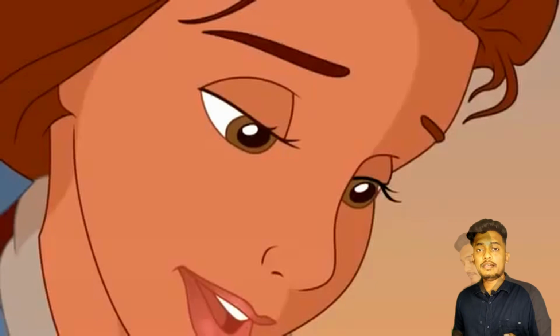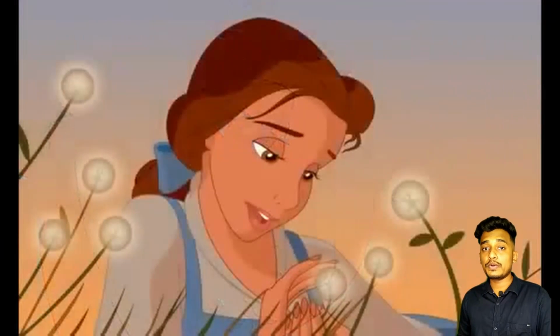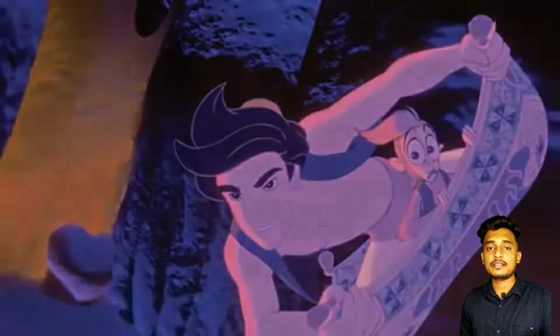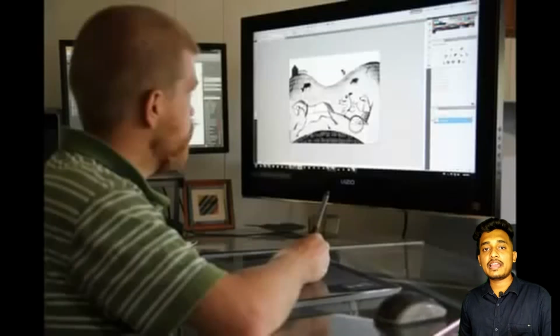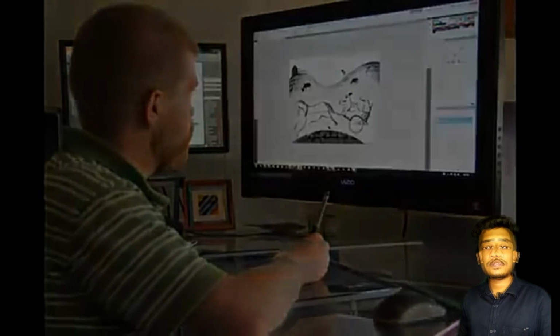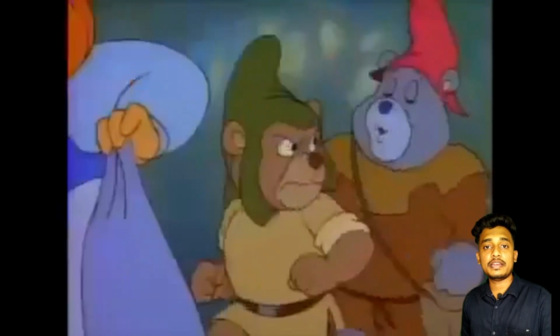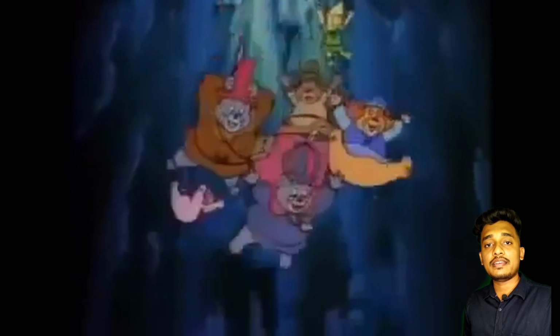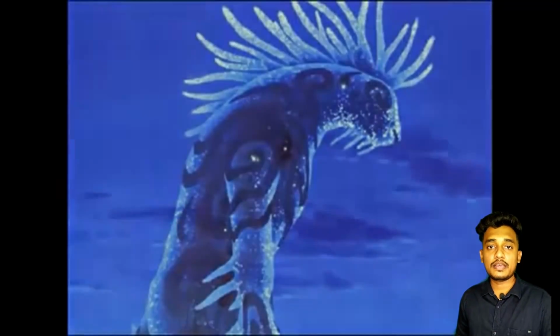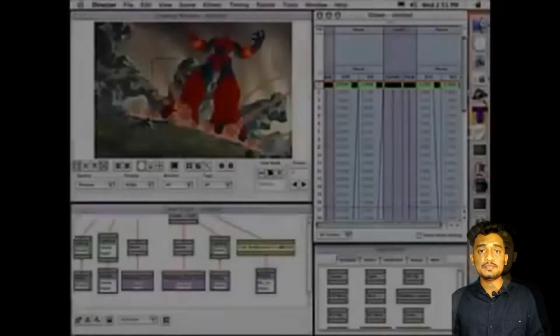Digital cels were originally garish and harsh, but as the technology improved, the quality improved too, and the detail that can be achieved in the digital realm far exceeds what was possible a century ago.